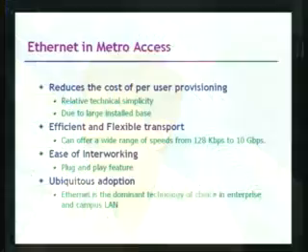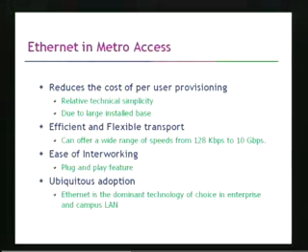The other advantage is that it is efficient and flexible transport, and it can provide you a wide range of bandwidth granularities. It can offer a wide range of speeds from 128 kilobits per second to 10 gigabits per second. Remember that traditionally Ethernet comes in three flavors: 10 megabits per second, 100 megabits per second, or 1 gigabit per second.